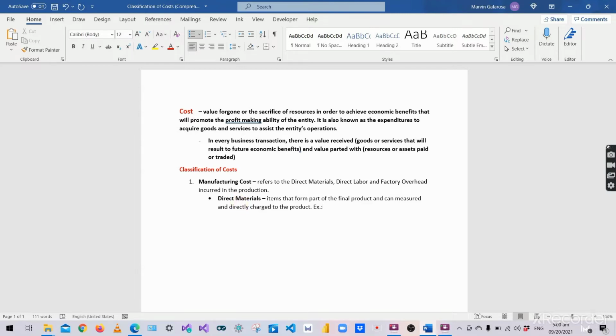Example niyan is leather sa production ng shoes. Another example, lumber for the production of furnitures. And metal parts for the production of automobiles.